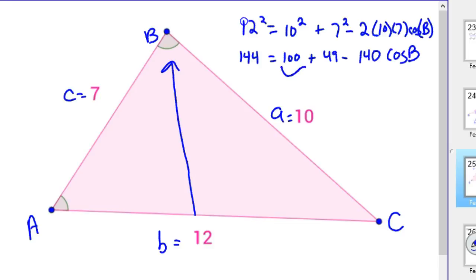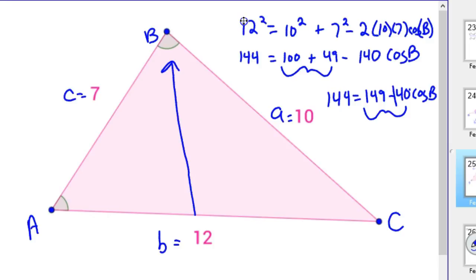You can combine the 100 and the 49, but you can't combine the 140. So we've got 144 equals 149 minus 140 cosine B. We cannot combine the 149 and the 140 because we're solving for B, and that's 140 times cosine B.